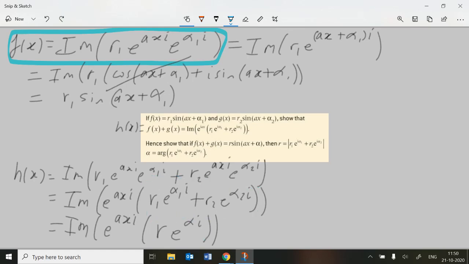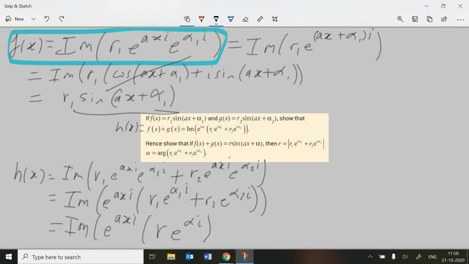That's going to give us this. And what's the modulus of this thing here? It will give us just the r here as well. I'm skipping a little bit of algebraic working out here, because it is sufficient for us now to say, look, we've now made h of x into one function which looks like this.